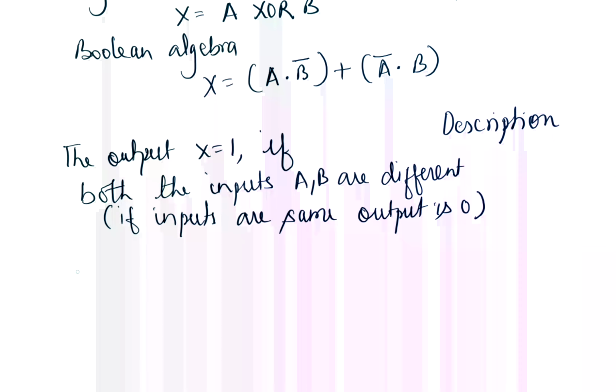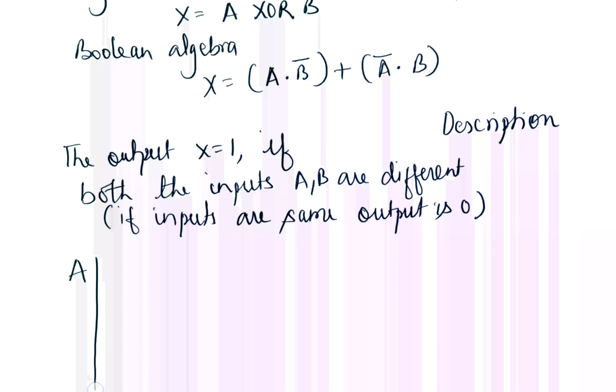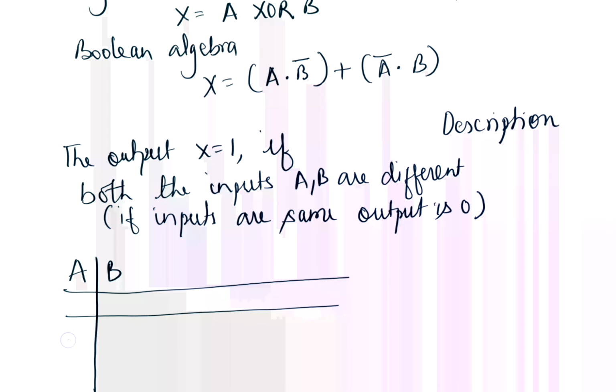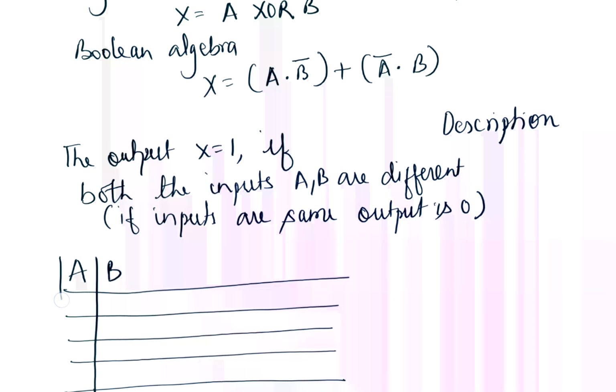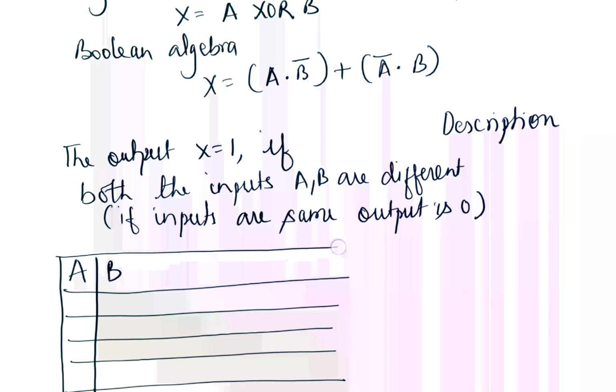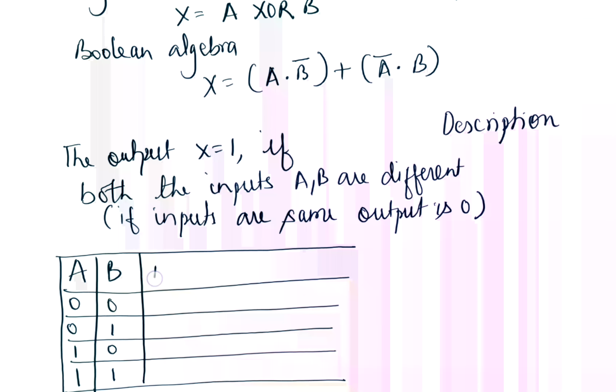So let's get started. We'll take the two variables A, B. Irrespective of how many combinations we have, we'll always have only 4 rows: 1, 2, 3, and 4. So this is 0, 1, 0, 1 and 0, 0, 1, 1. Now let's take the first part of it, A dot B complement. B has to be complement.